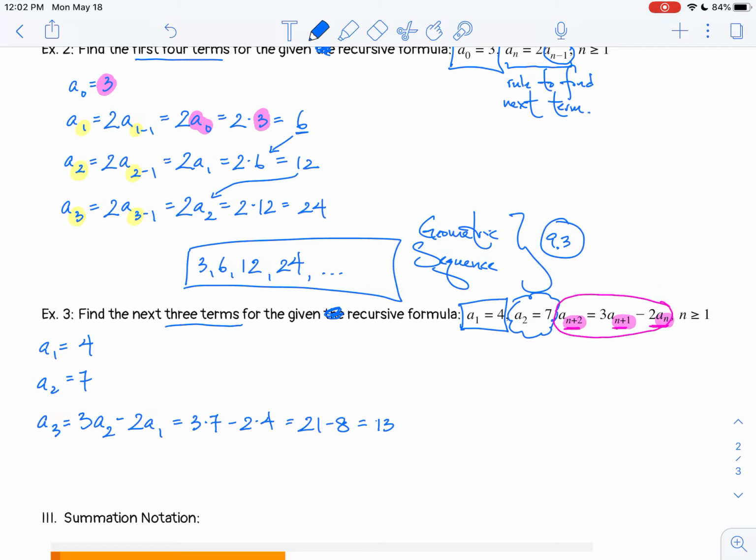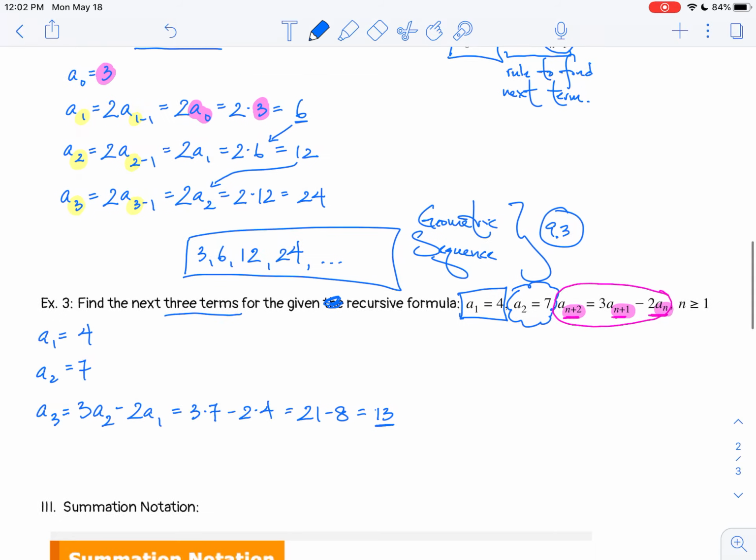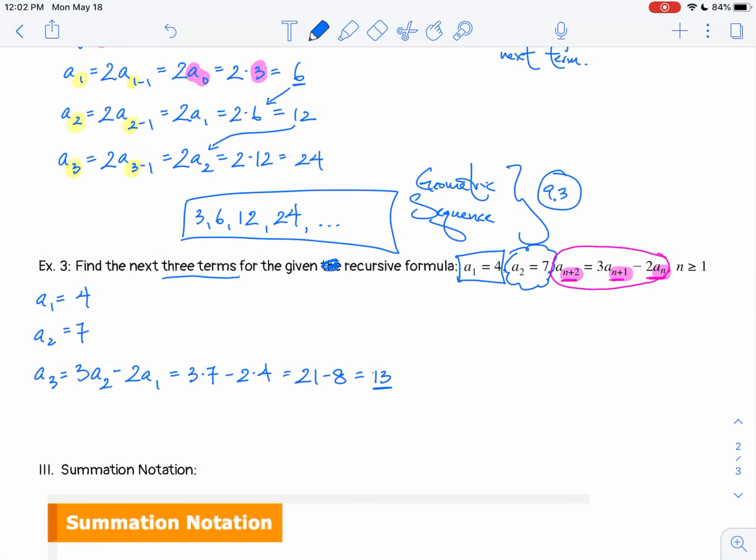So I have the first term, the second term, and here's the third term. Now I need to find the fourth term and the fifth term so that I have the next 3 terms. A sub 4 is going to be 3 a sub 3 minus 2 a sub 2. Let's plug in the numbers we know: 3 times 13 minus 2 times 7. 3 times 13 is 39 minus 14, which gives me 25 as my a sub 4.